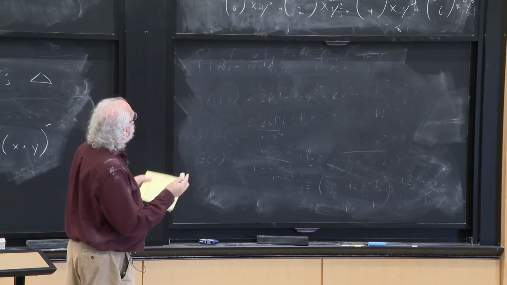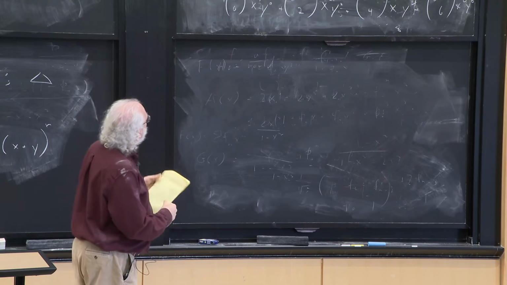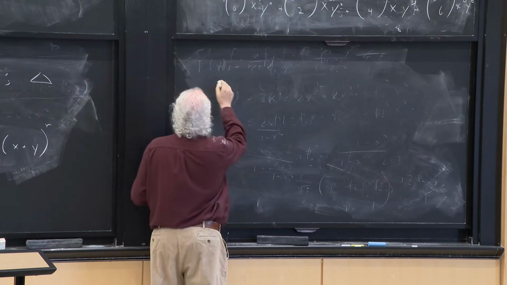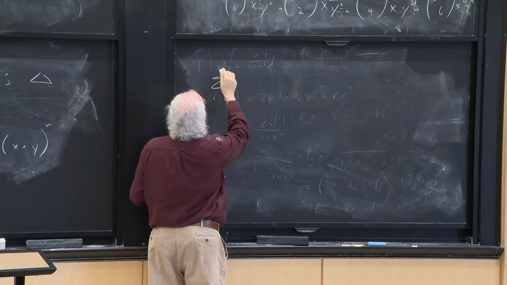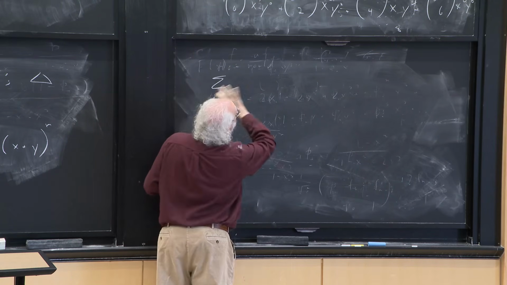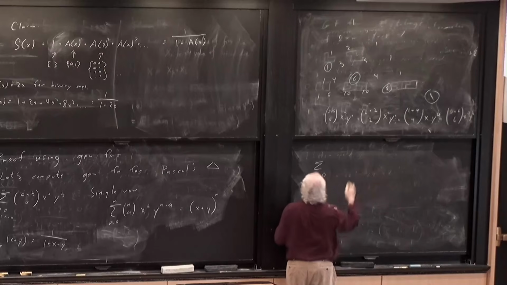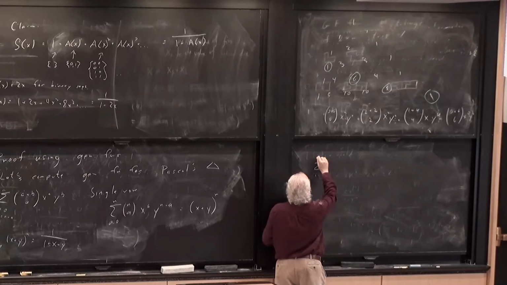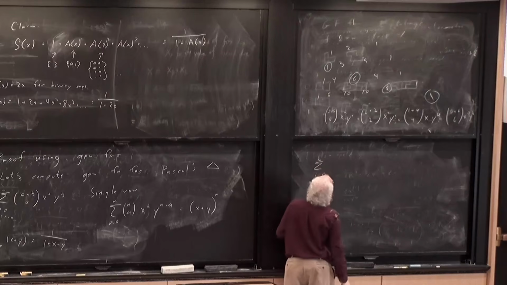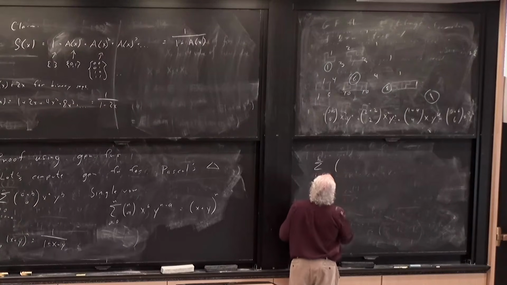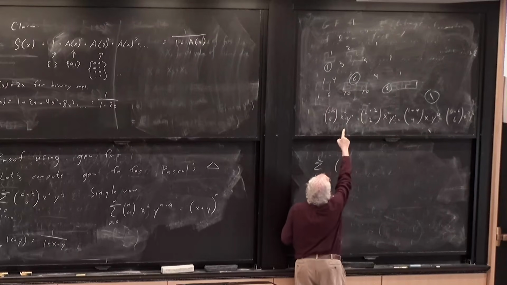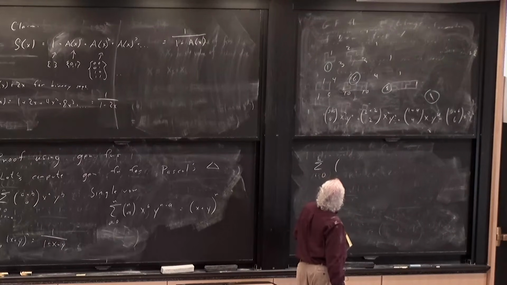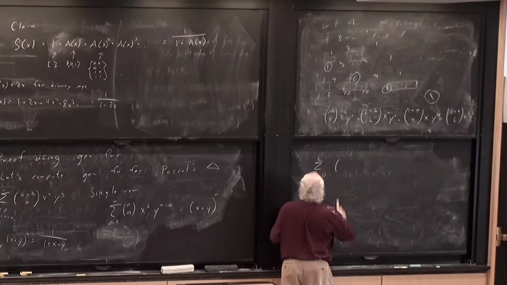So I want to say this is the summation, i equals 0 to k. Let's call this n.